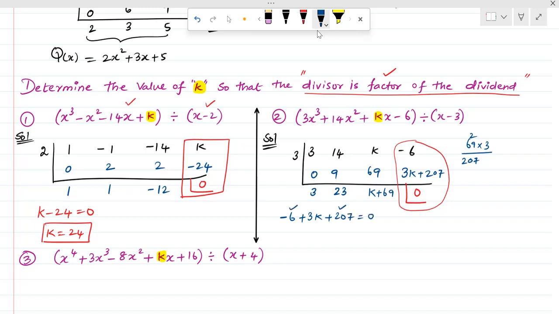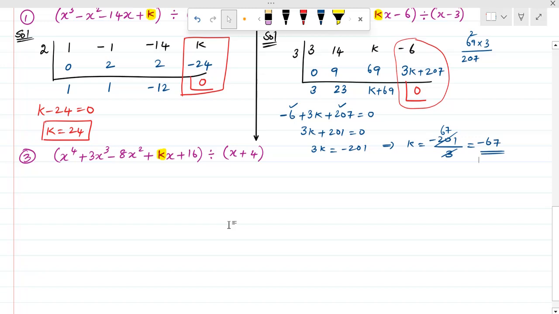If you add this, you will get 3k plus 201 equals 0. If you move it to the other side and divide by 3, k is equal to minus 201 over 3, which is equal to minus 67. So it is minus 67 as the k value.